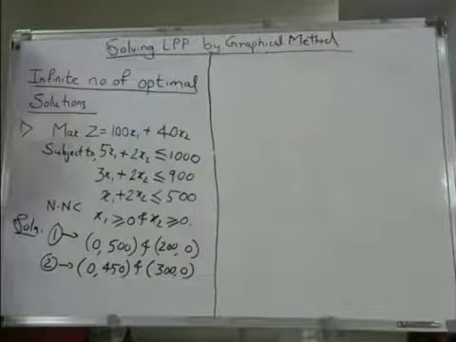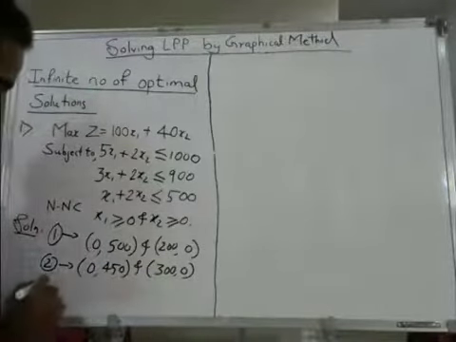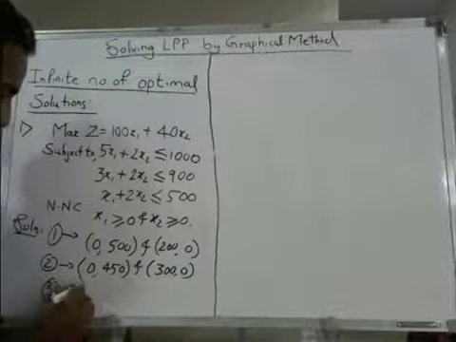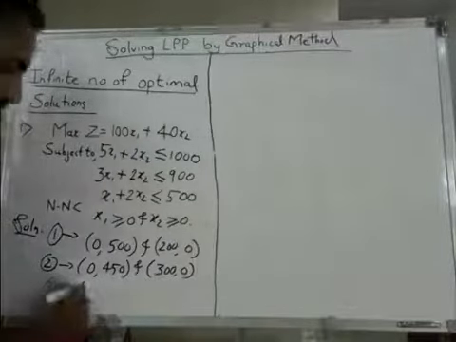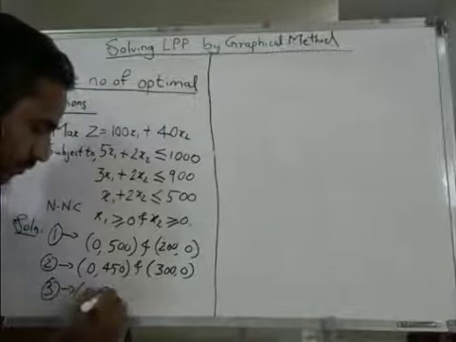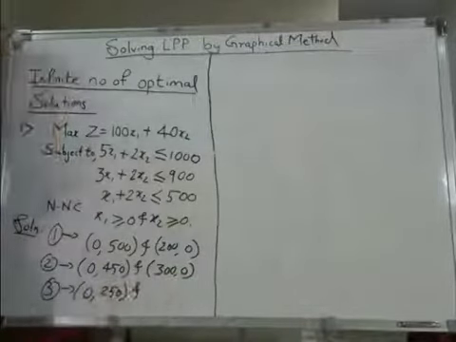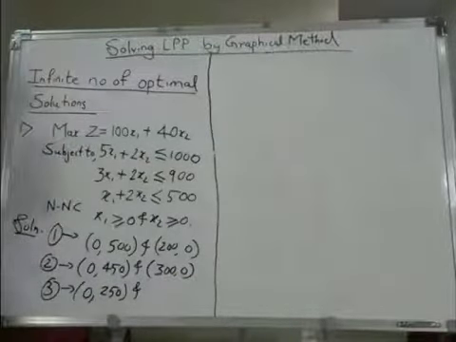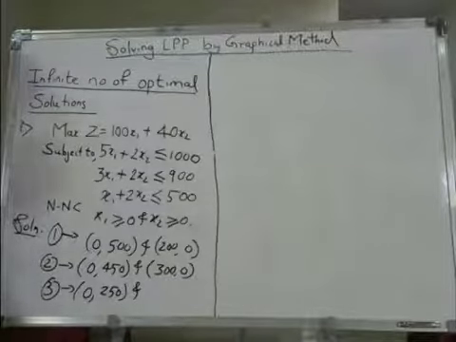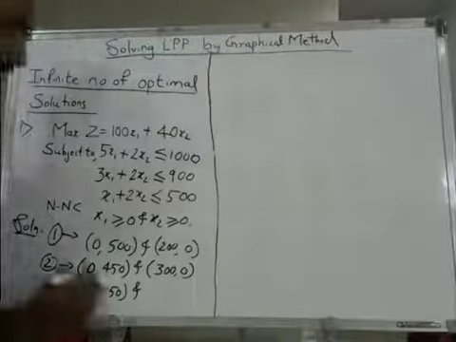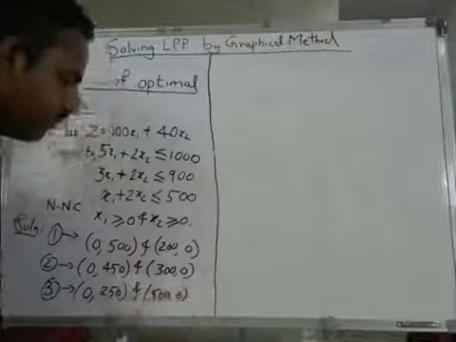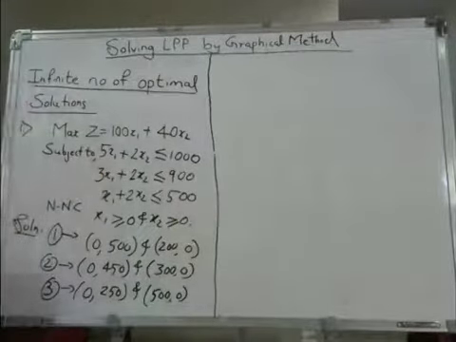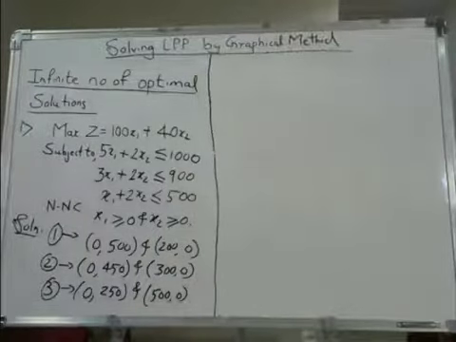And the third one is 0, 250, and 500, 0. These are the coordinates we have got here.